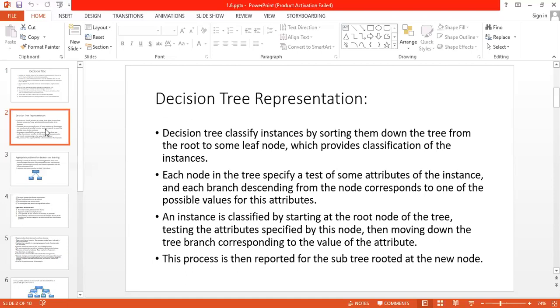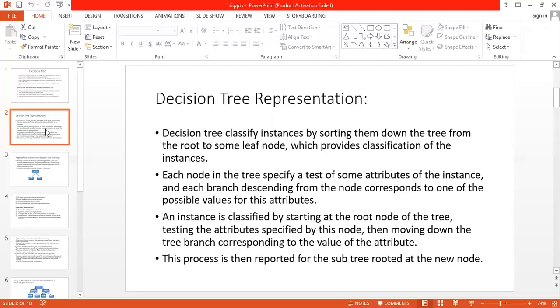Each node in the tree specifies a test of some attribute of the instances, and each branch descending from the node corresponds to one of the possible values for this attribute. An instance is classified by starting at the root node of the tree, testing the attribute specified by this node, then moving down the tree branch corresponding to the value of the attribute.